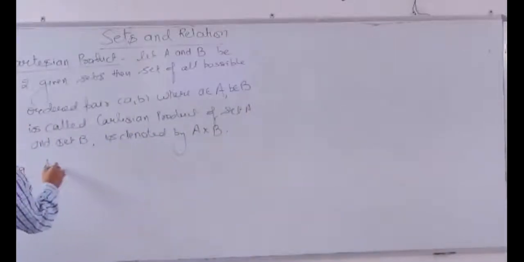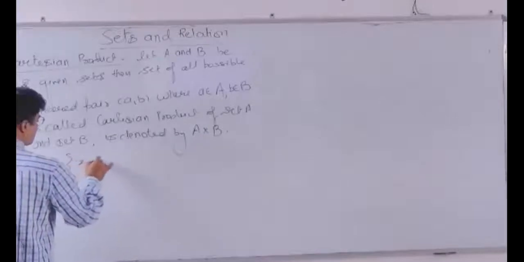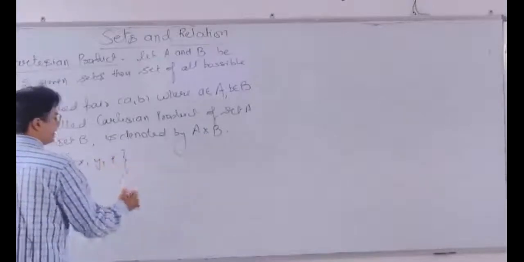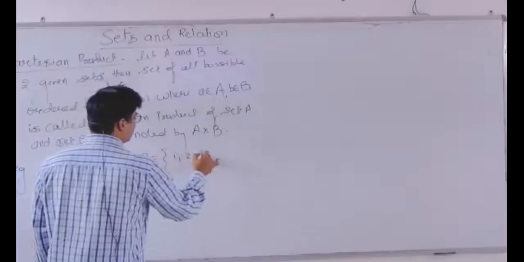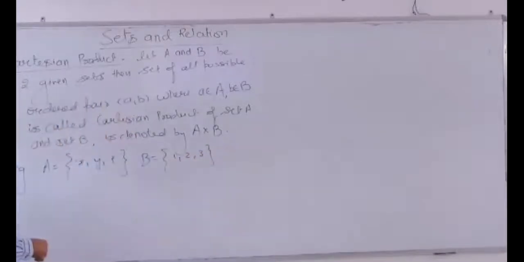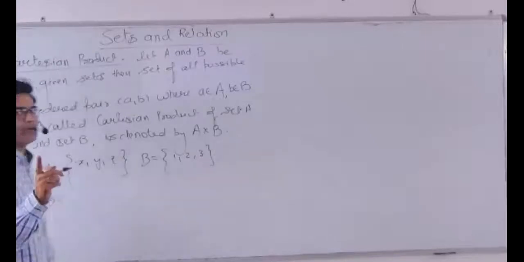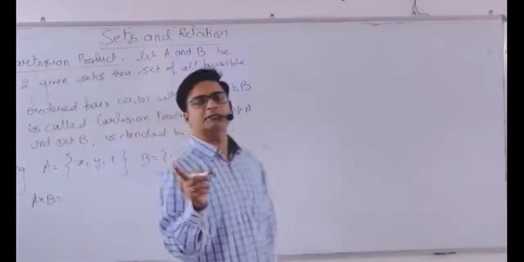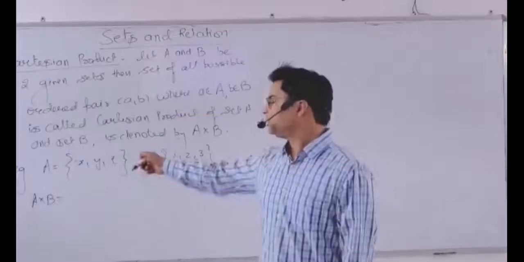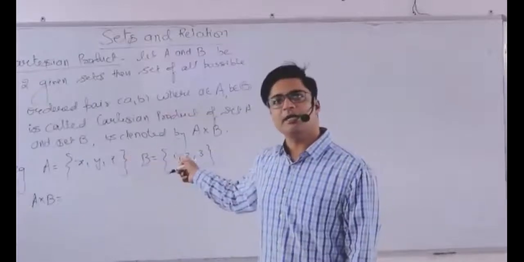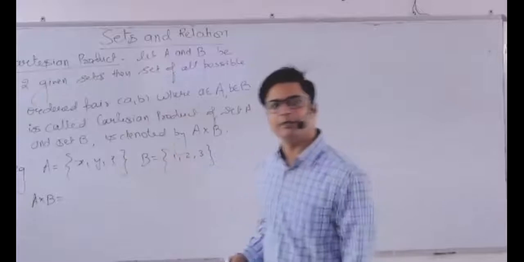Let's say set A is x, y, z, and set B is 1, 2, 3. If I define A cross B, it will have all the ordered pairs possible in which the first entry comes from set A and the second entry comes from set B.